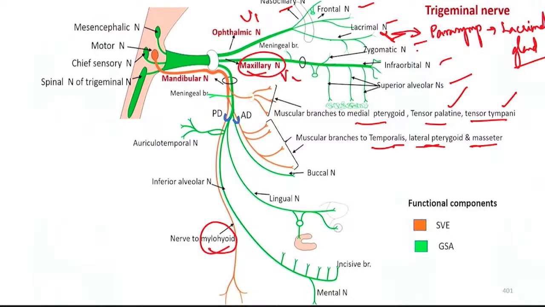When I mentioned the parasympathetic nerves, I did not mention the trigeminal nerve, right? That is because the major lacrimal gland supply is via the postganglionic fibers of the pterygopalatine ganglion. Okay, the pterygopalatine ganglion, that is the portion of the facial nerve that I will mention now. The facial nerve was giving the major parasympathetic supply, but the lacrimal nerve and the zygomatic nerve also take part in this lacrimal gland innervation.